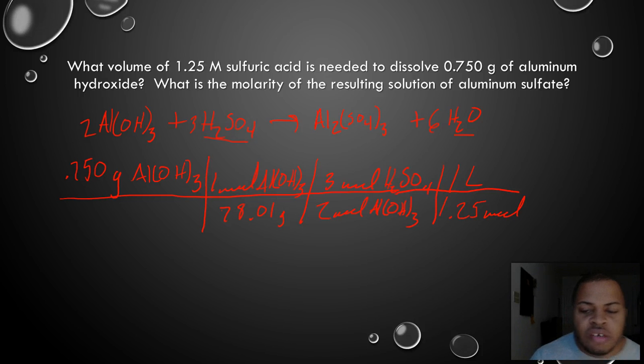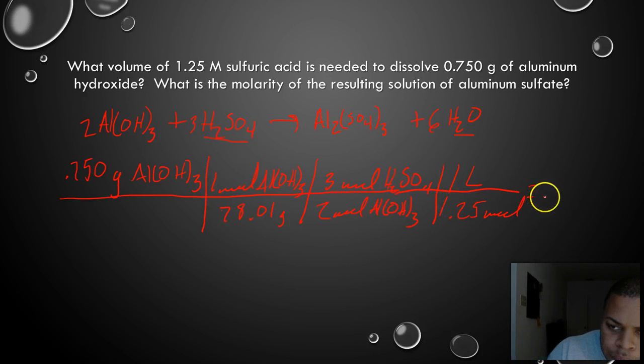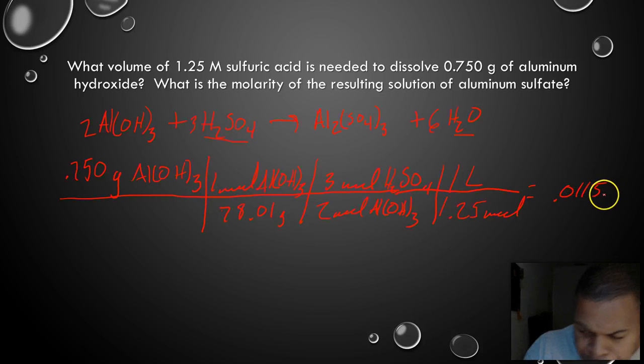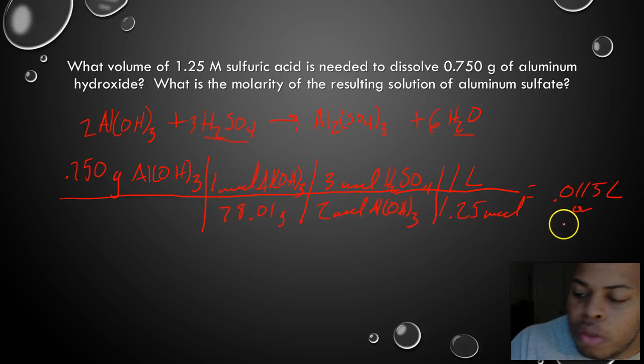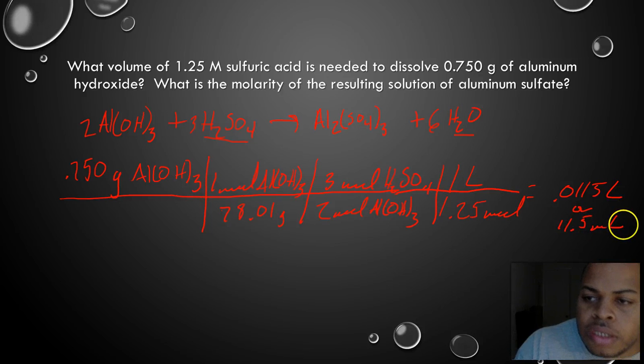Okay, I don't want you guys to get confused in that. So, go ahead, plug it into my calculator, and I'm going to come out with 0.0115 liters, or as we would normally work with it, 11.5 milliliters.